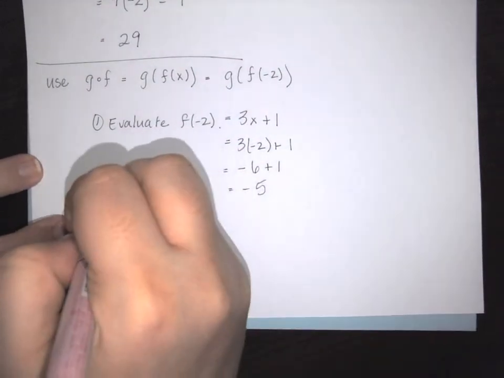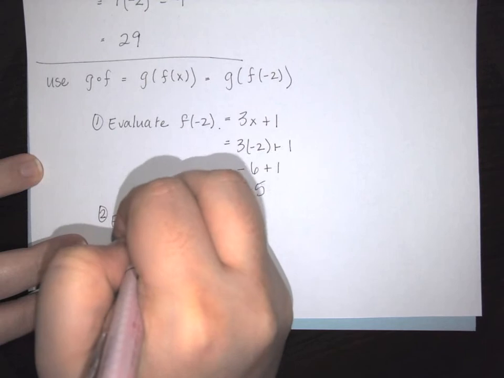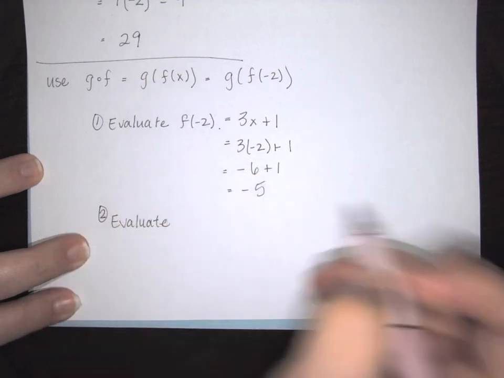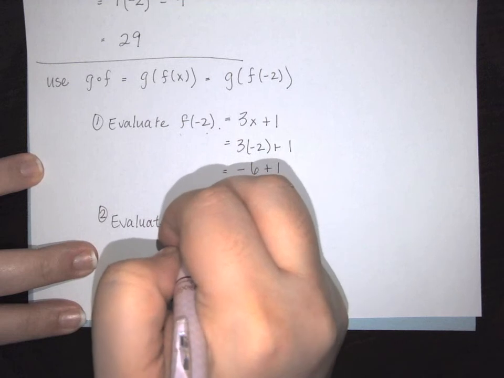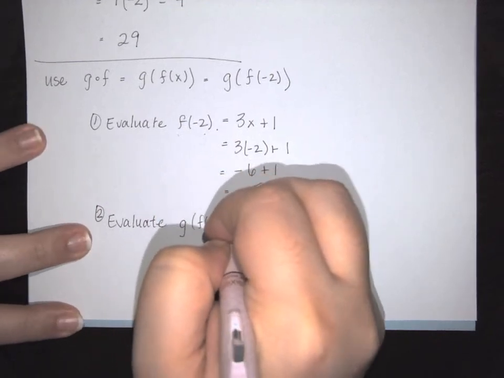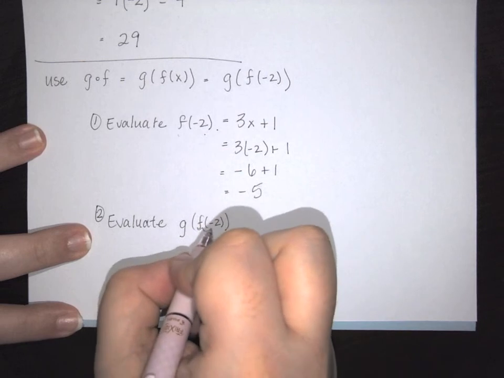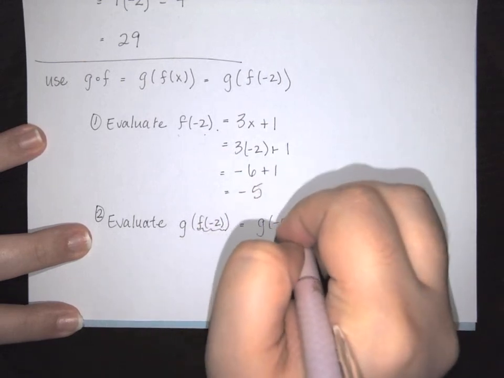Now with that, the second thing you would do is evaluate g. Because we just figured out f of negative 2, now we have g of f of negative 2. Since we just solved this part, this is the same as saying we're now going to have g of negative 5.